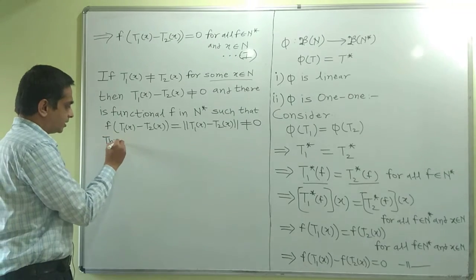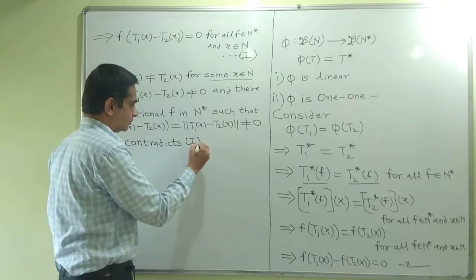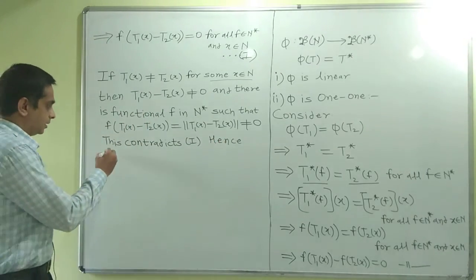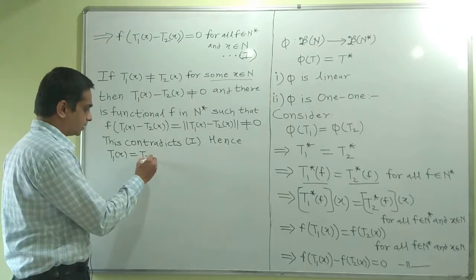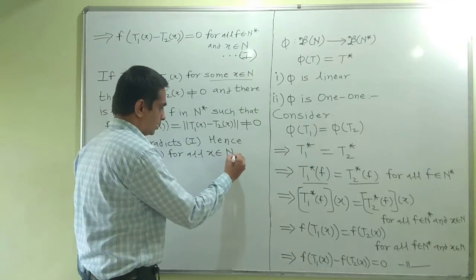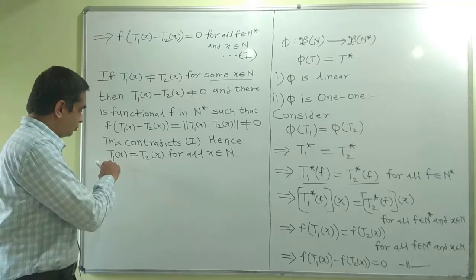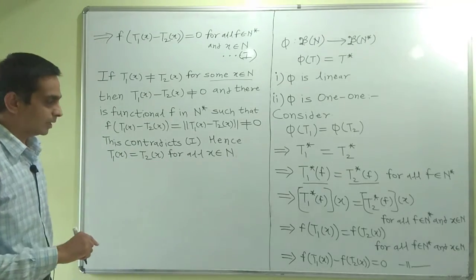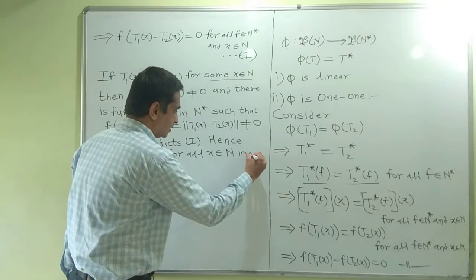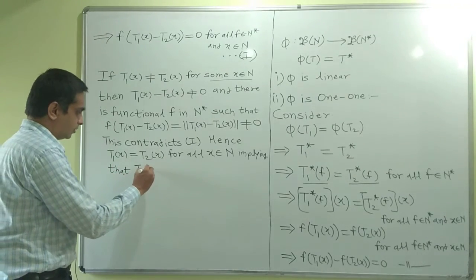Hence T1x is equal to T2x for all x belongs to N. Again, two functions are equal if they have the same values at all points, so T1 is equal to T2.